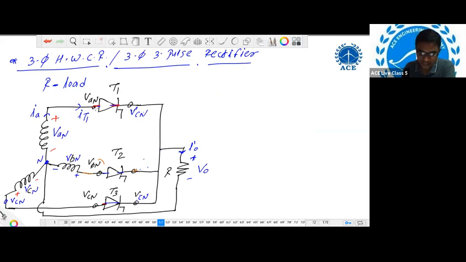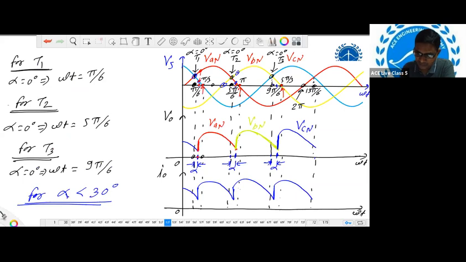At the anode of thyristor T1, the voltage appearing is VAN. So unless and until VAN becomes greater than VCN, our thyristor T1 will not turn on, or will not become forward biased. You can check here: after pi by 6, VAN is greater than VCN. VCN means this blue line.